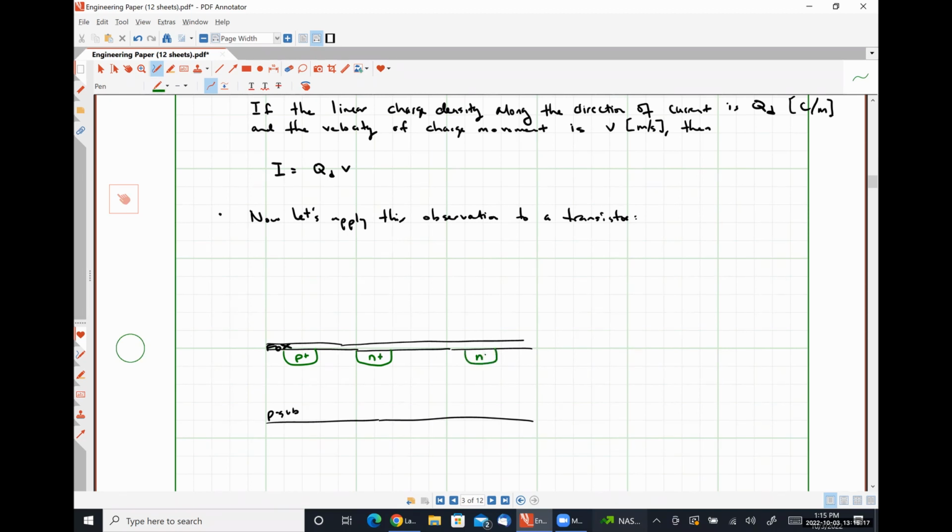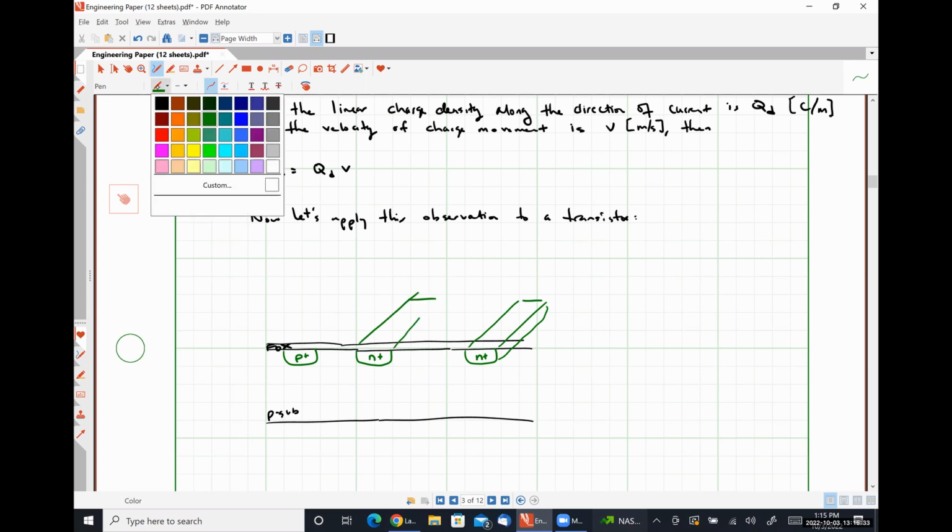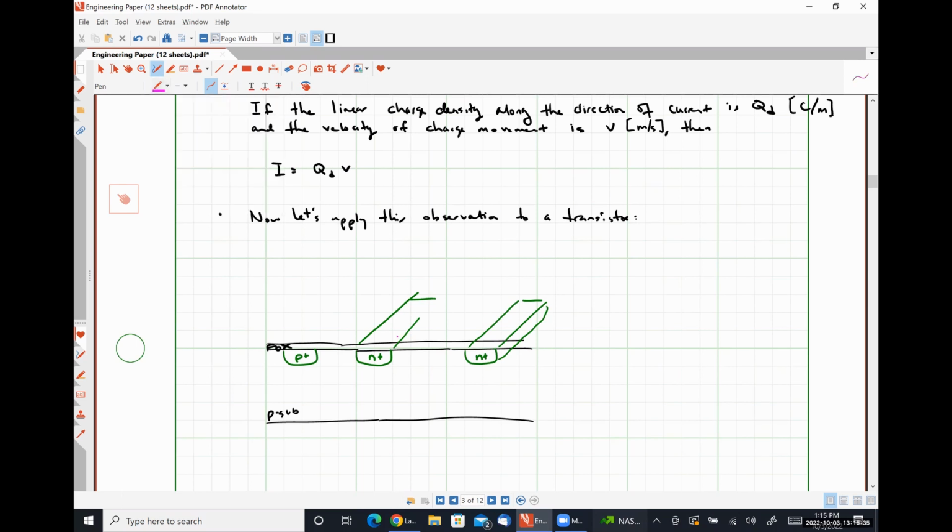This is going to be our drain, and I'll attempt to give it some depth, so to speak.